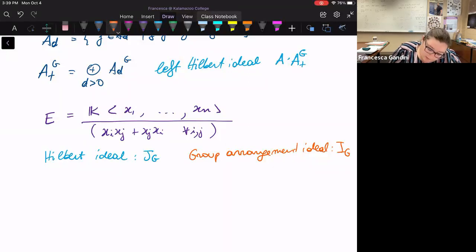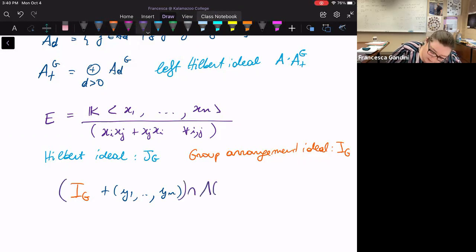You can take your subspace arrangement ideal and set the y's to 0, or add the linear forms y1 to yn, and then you can intersect down to the x's, so you do an elimination ideal. And that's actually going to give you precisely generators for our Hilbert ideal.